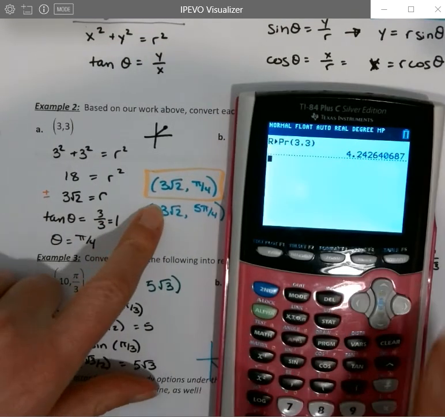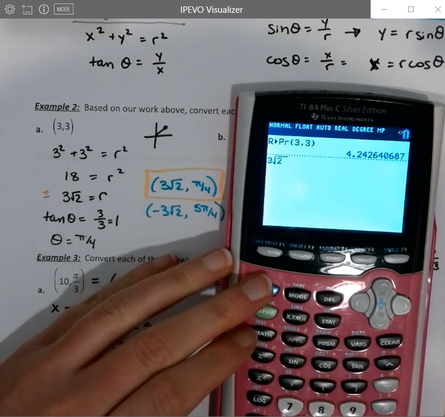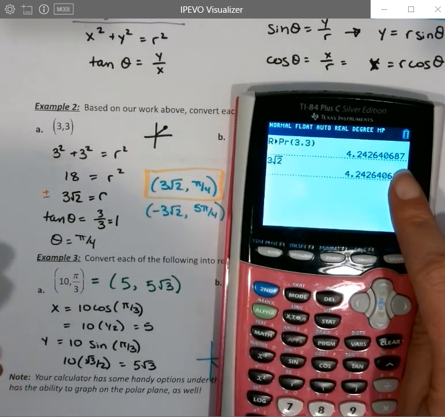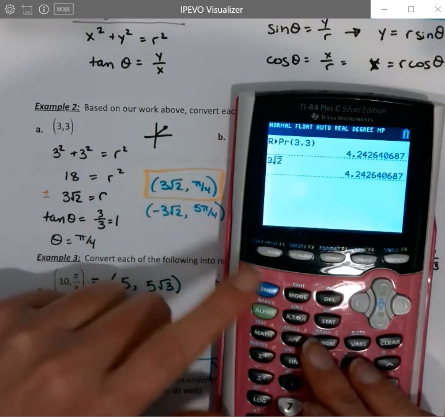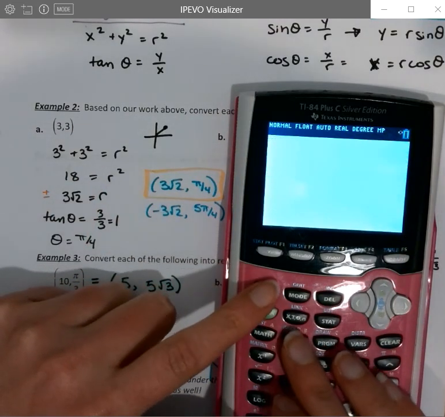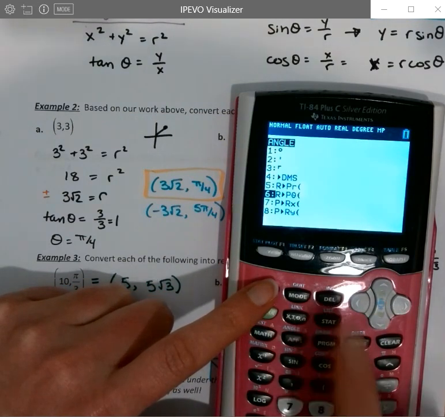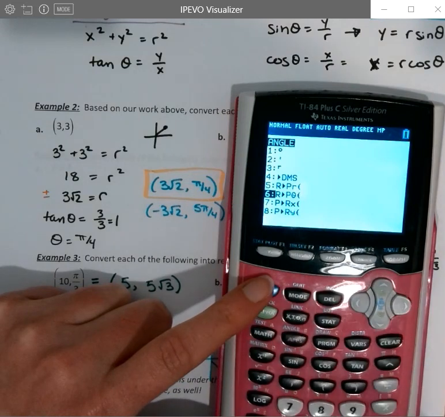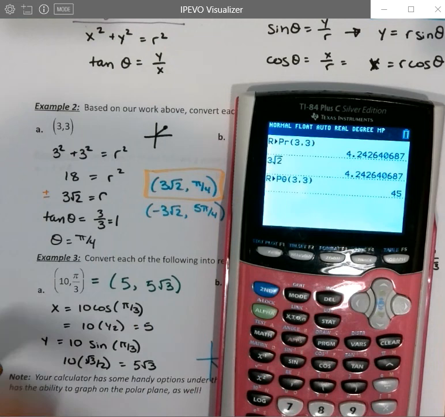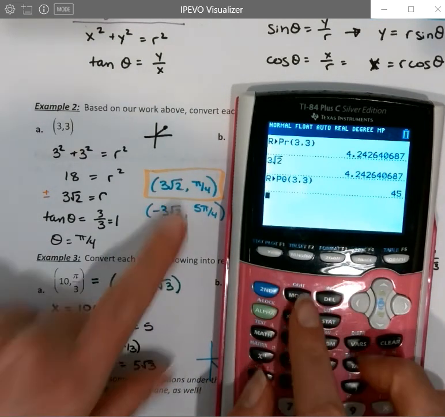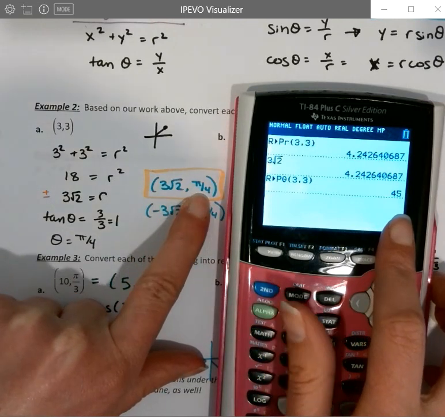The r value we got for this point was 3 square root of 2, and it gives me the decimal value for 3 square root of 2. It didn't give it to me exactly, but it can help a little. The same thing for the angle: I think I'm still in degrees, so it should give me the degree measure. Converting rectangular to polar and asking for the angle from the point (3, 3), it gives me 45, because my calculator is in degree mode, and 45 is the degree measure for pi fourths. So I get the angle back out as pi fourths.